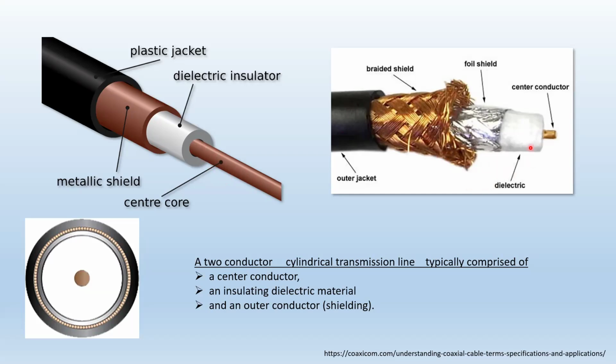Now here is a picture of a coaxial cable. Here is the center conductor. Here's the dielectric that is separating the other conductor or ground reference, that also acts as a shield. The idea is to prevent interference from outside to get into the signal and interfere with the signal.